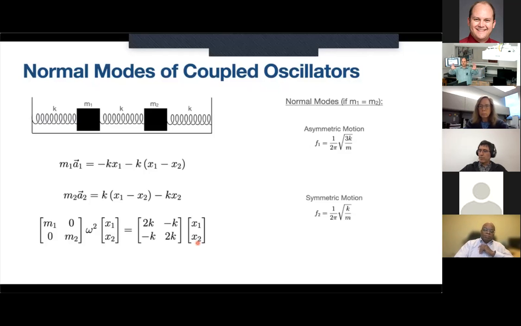And there's a symmetric mode where the two masses move synchronously back and forth, so the middle spring never gets stretched or compressed. That one has a frequency of 1/2 pi times the square root of k over m.